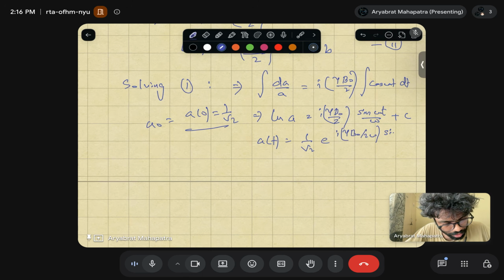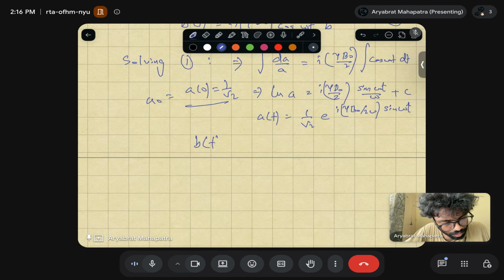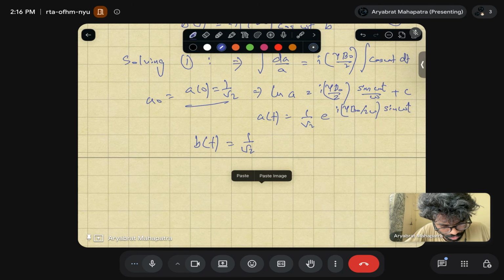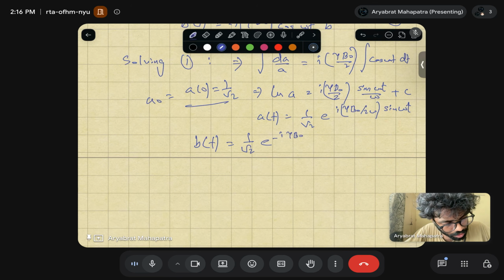You can do the same check for b of t, which will be 1 over square root 2 times exponential of minus i gamma B naught over 2 omega times sine omega t.